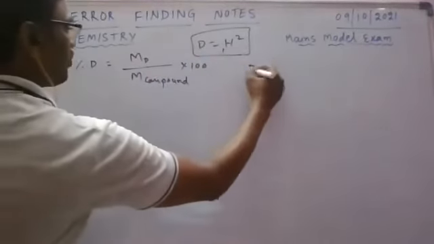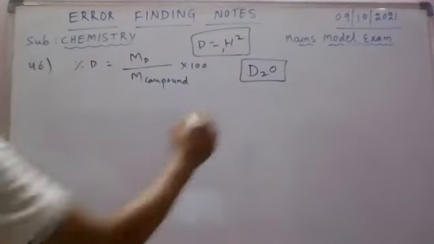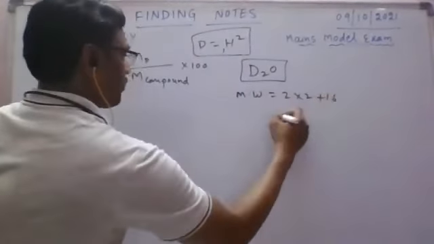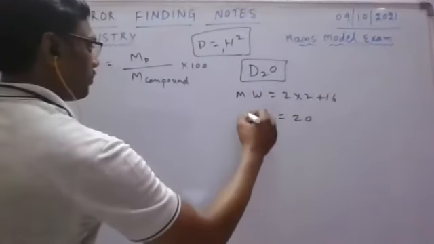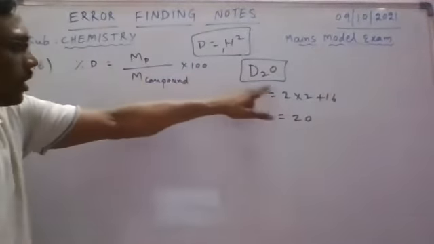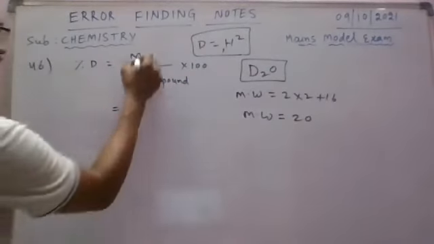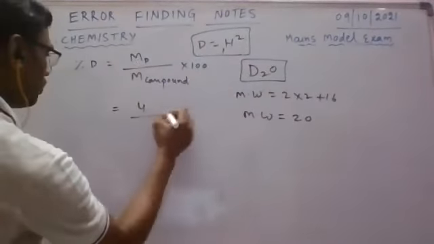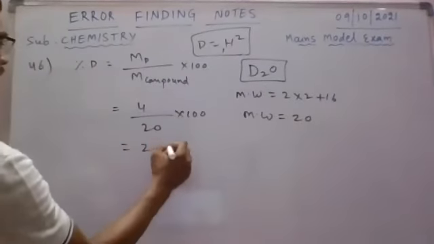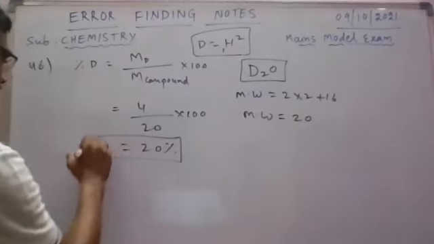Here the compound is heavy water, D2O. The molecular mass is 2 into 2 plus 16, you get 20, because deuterium has 2 atoms and atomic mass 2. So the mass of deuterium is 4 by 20 into 100. Then you get 20% of deuterium.